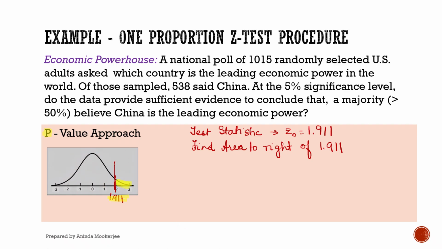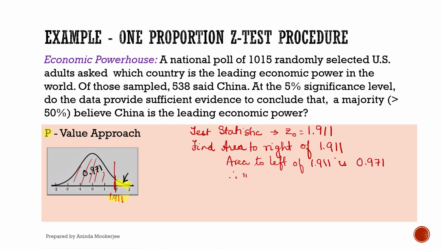Now, let's first find the area to the left of 1.911, which is 0.971. So all this area is 0.971, but we are interested in this area to the right, right?